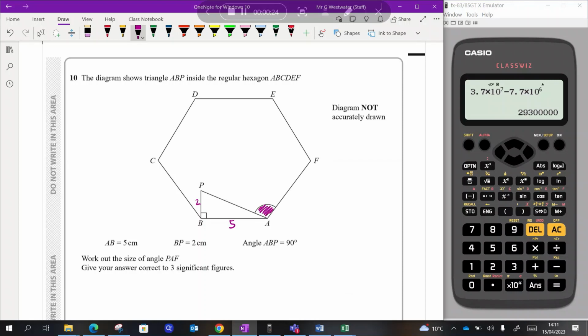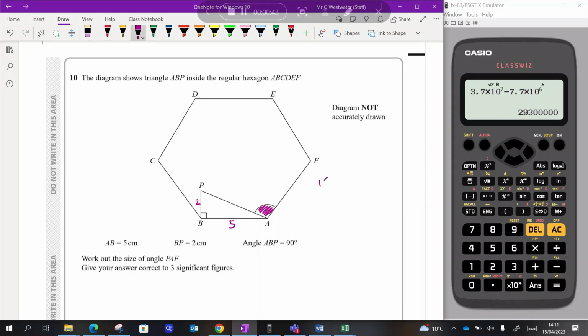So I guess the easiest thing to do is work out what every angle in a regular hexagon is, and then take this angle in this right angle triangle away from it. There are various ways you can work out the angle in a regular hexagon.